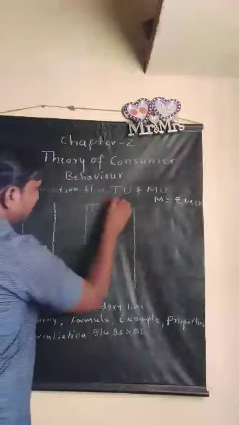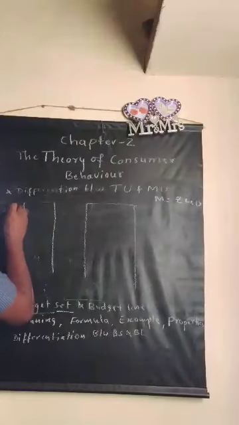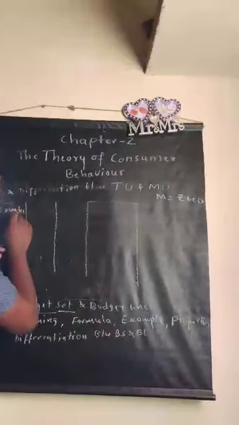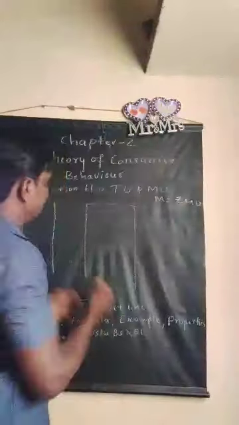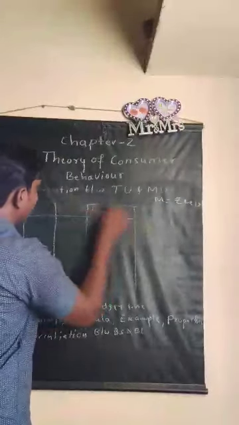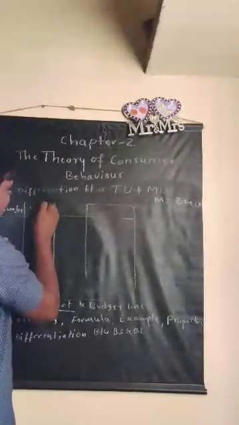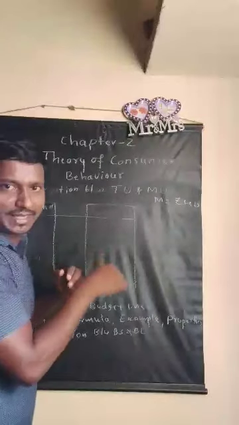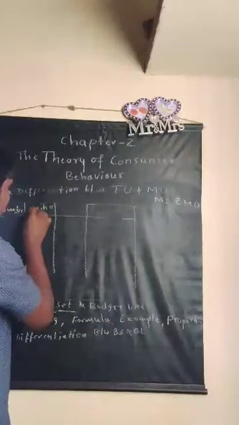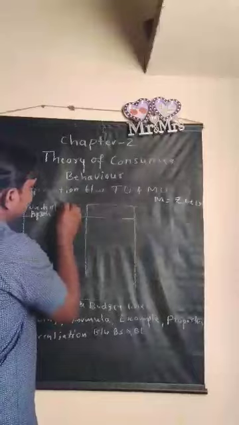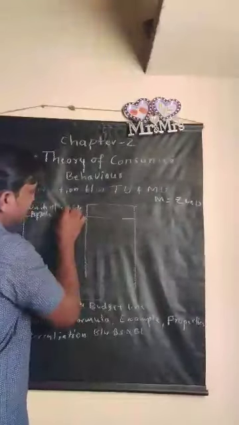First is combinations: what are the different combinations that we have? And the second, units of apple. I am just taking X1 as apple, units of apple. And second, units of banana.